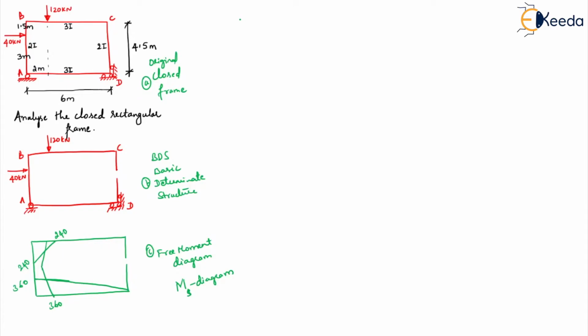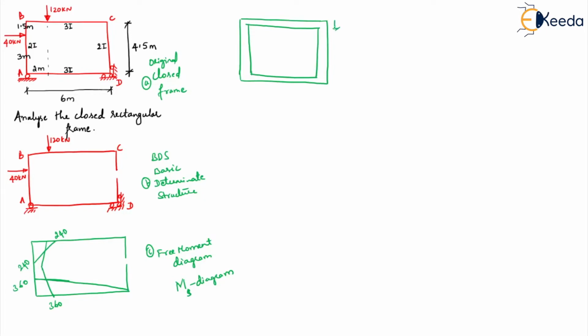So how will our analogous column look? If you observe, for the vertical members, that's AB and CD, it's 2EI, and for horizontal members, that's AD and BC, it is 3EI. So your analogous column will have different widths. We take it like this.